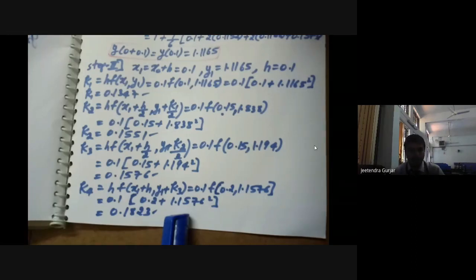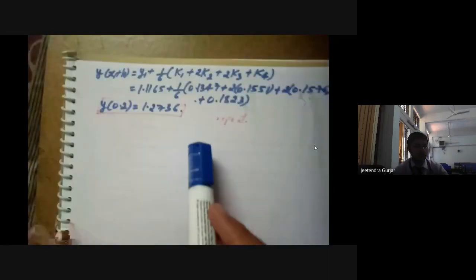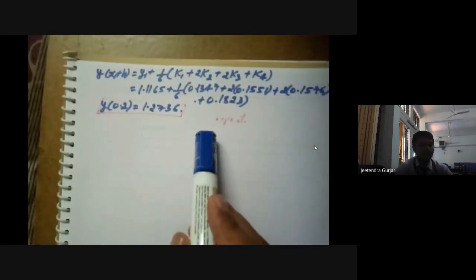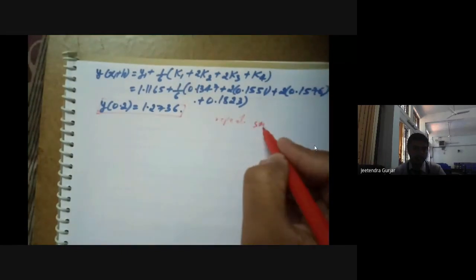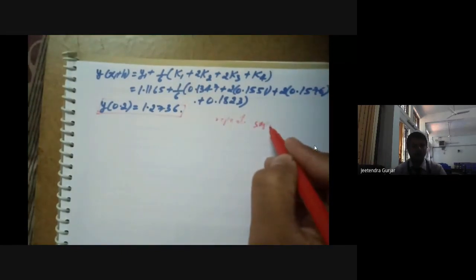Taking all these values k1, k2, k3, k4, substitute in the Runge-Kutta fourth order formula, that is y of x1 plus h is equal to y1 plus 1 upon 6 in the bracket k1 plus 2k2 plus 2k3 plus k4. When you substitute all the values correctly, you get y of 0.2 is equal to 1.2736. So this is how we have to calculate this, students.